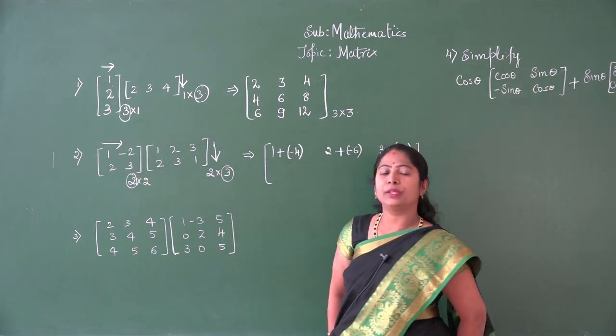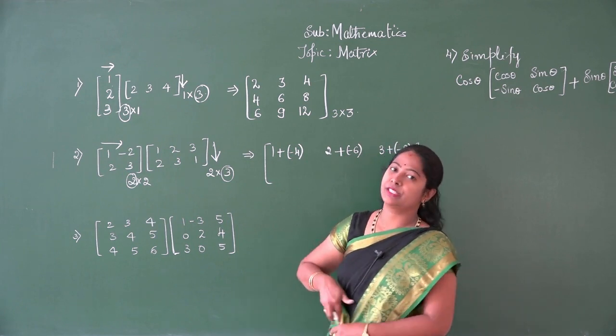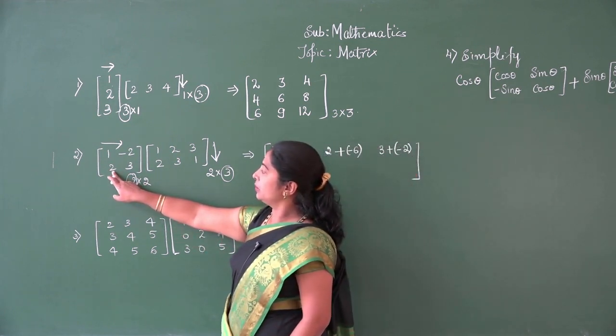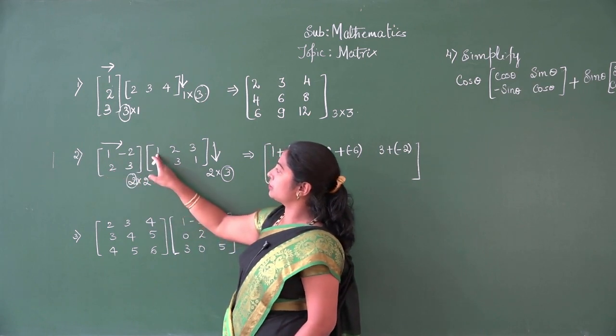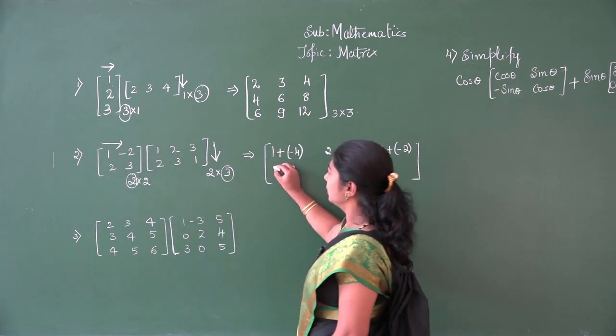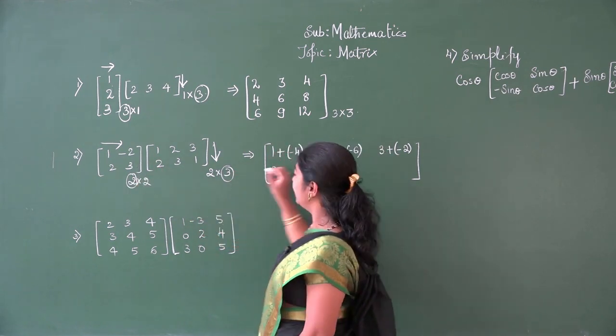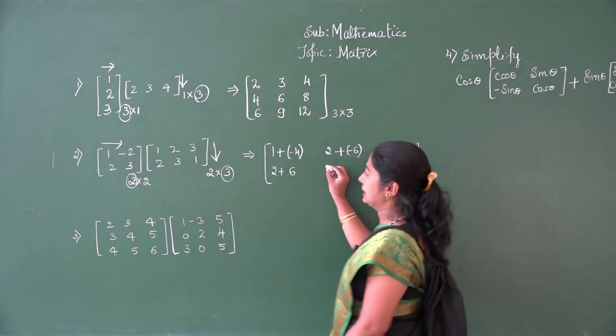Now we shall start with the second row and we shall finish with all the columns. What is the second row now? Elements 2, 3. 2 is multiplied with the first column. 2 1s are 2 plus 3 into the corresponding element 2, that is nothing but 6.